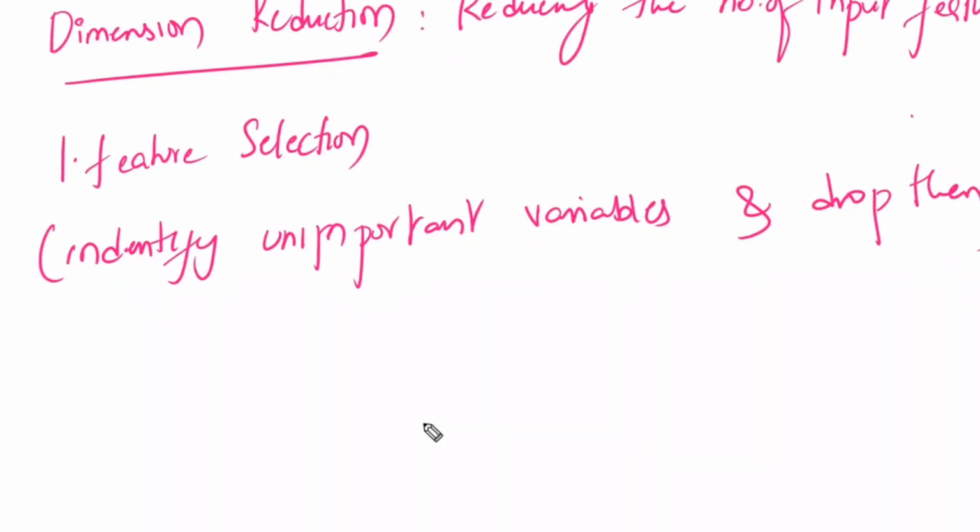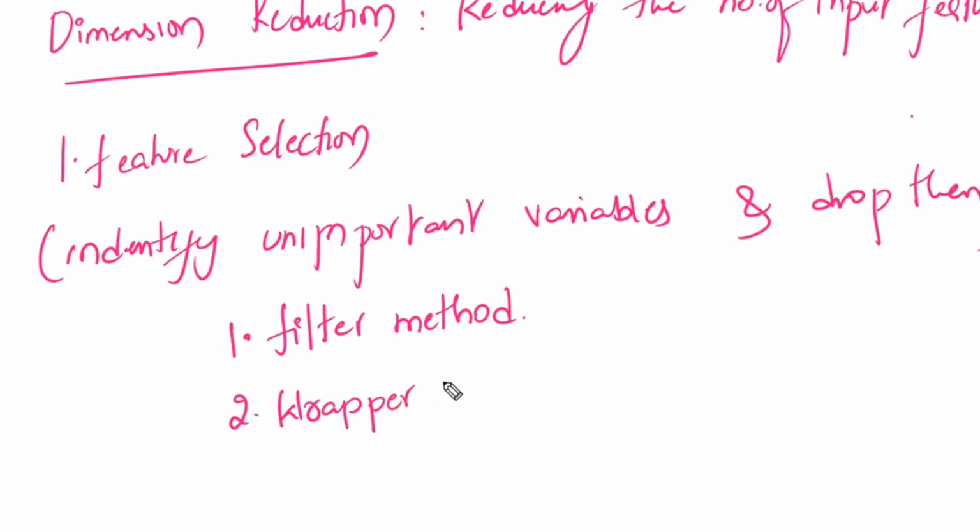We have different techniques, out of which the first one is called the filter method. The second one is called the wrapper method. The third one is called the embedded method.